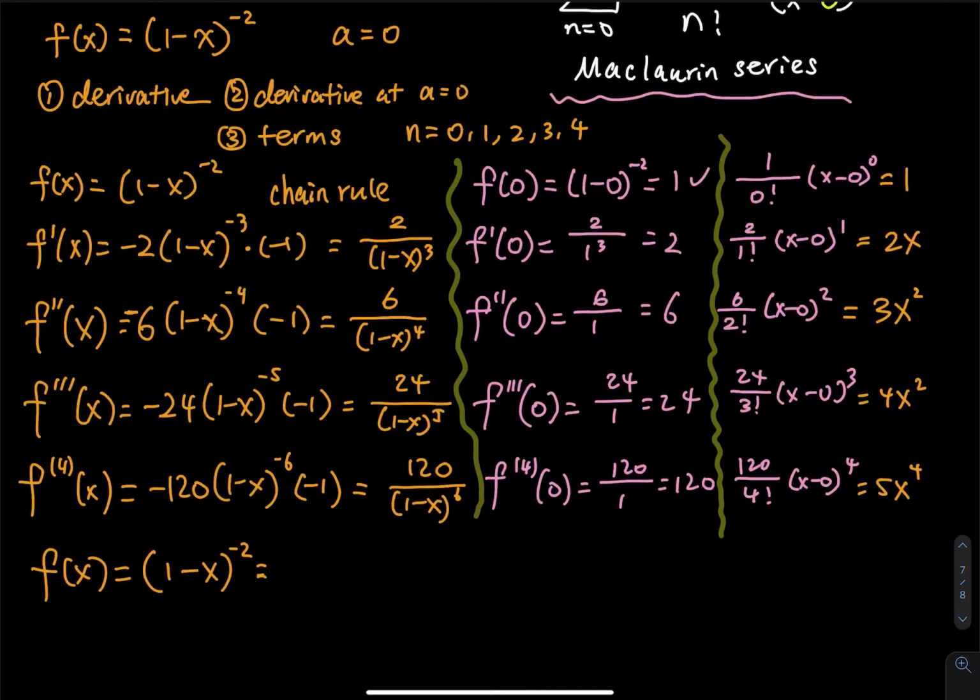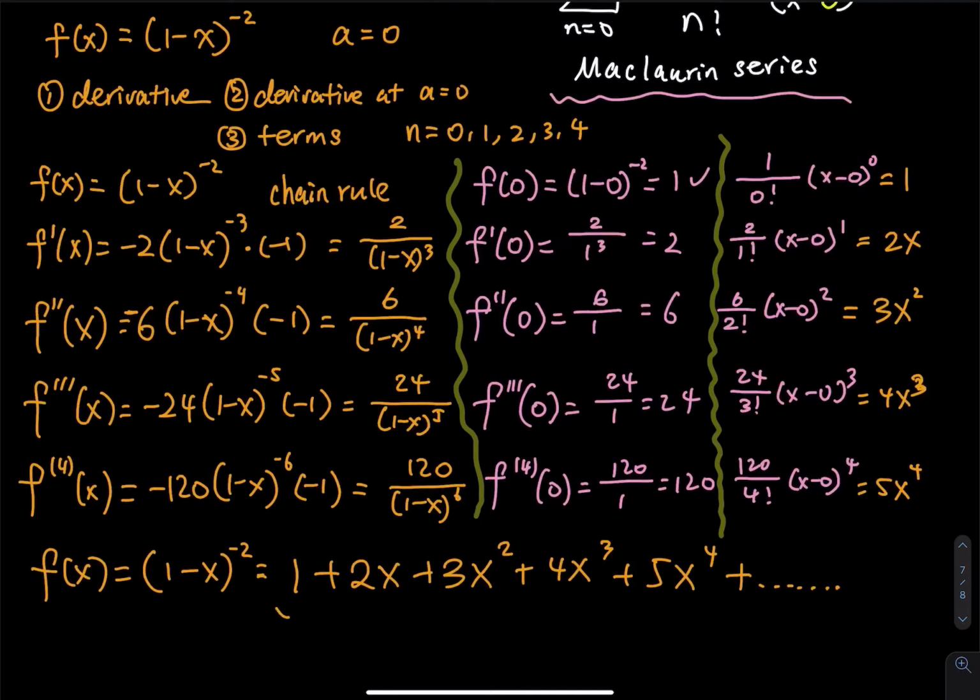All right, so we have 1 plus 2x plus 3x squared plus 4x to the third, and then plus 5x to the fourth, and then we have to keep going, right? This is only the first 5 terms. We have to keep going because based on the concept of the Taylor/Maclaurin series, the graph of the expansion.